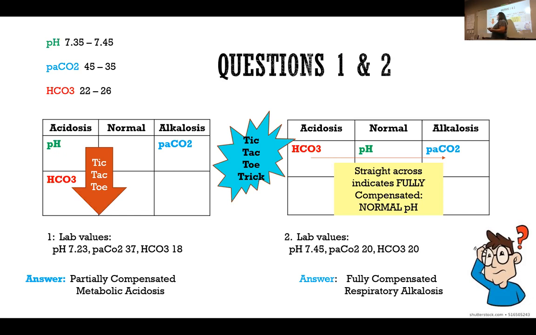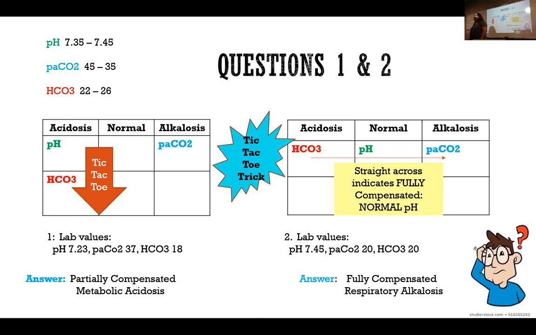So what she was saying is, hey, your level's off on your chart. That PaCO2 really needs to be in the normal range because it's 37. So it's not compensated. It's uncompensated now because PaCO2 is no longer helping.